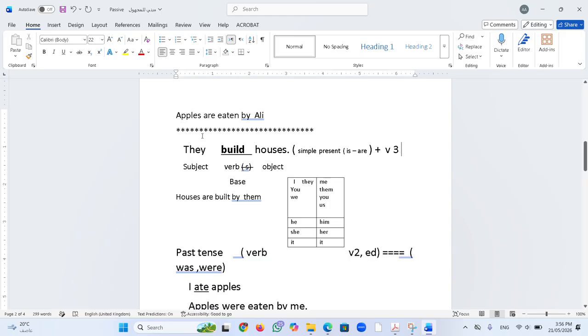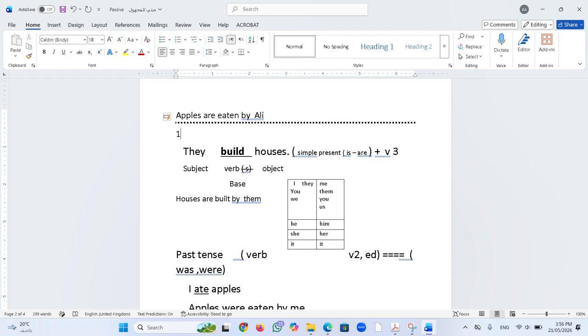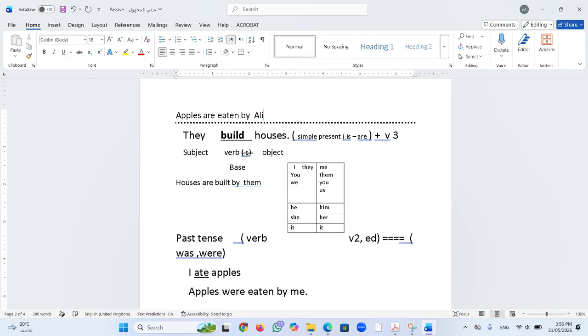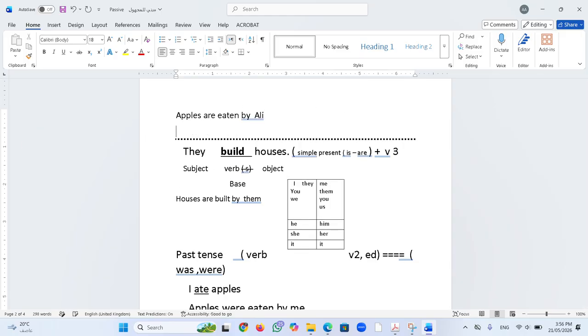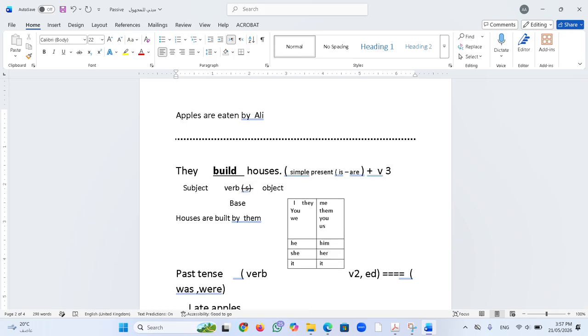Subject, verb, object, which is 1, 2, and 3. Clear? How to change it? We will change it to 3, 2, 1.